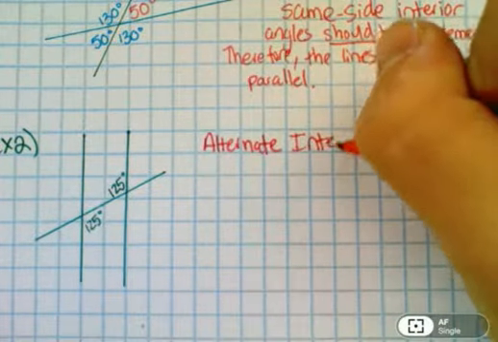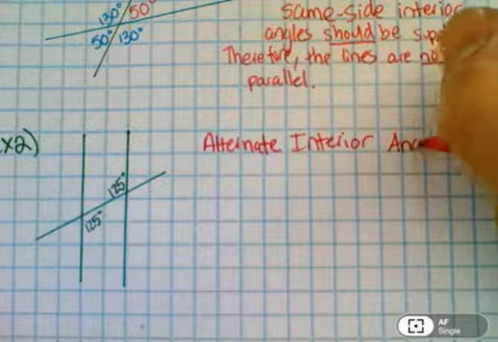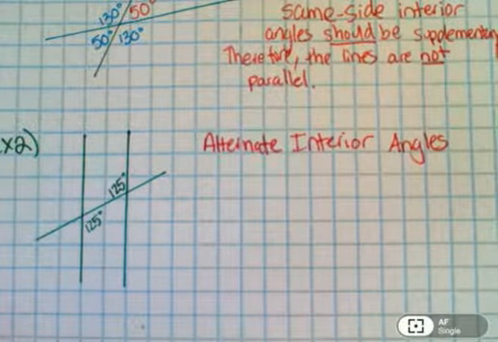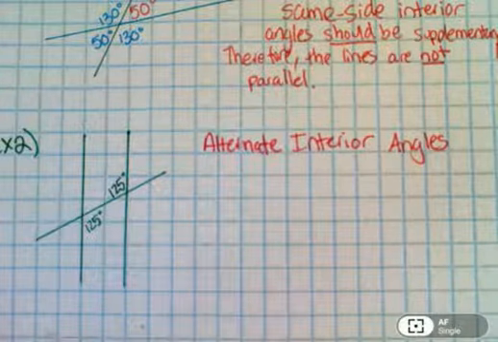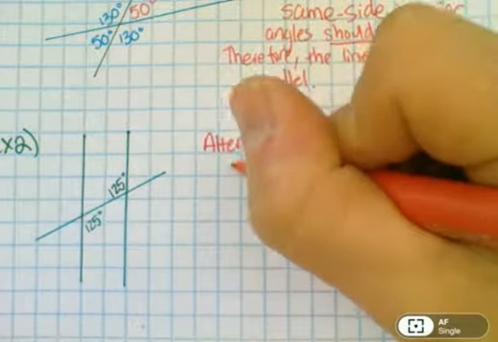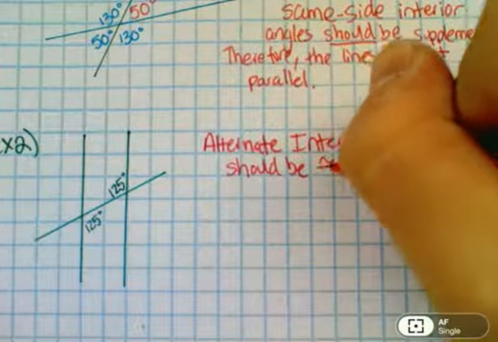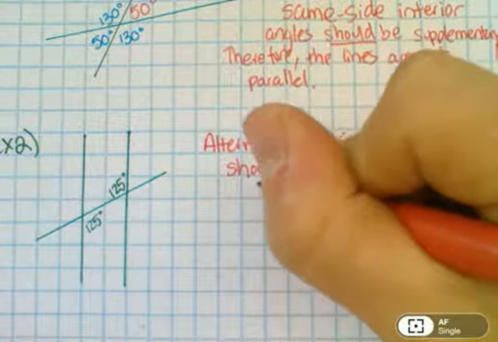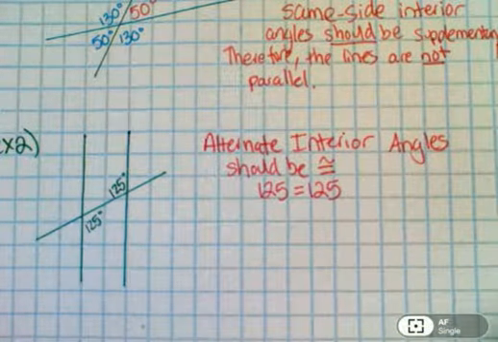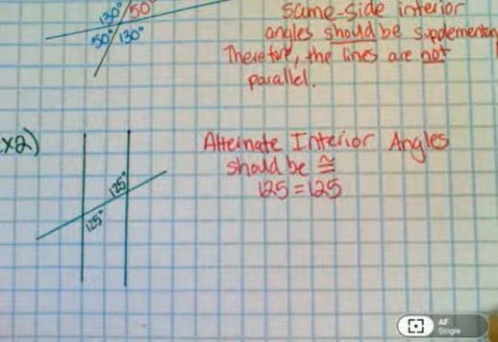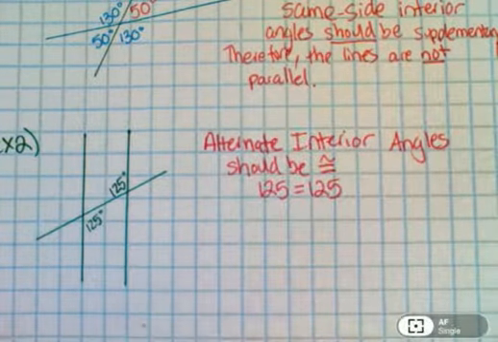Interior because they're on the interior of the lines. They're alternate interior angles. And if the lines are parallel, then those angles are congruent. So they should be congruent. And in this case, they are, because 125 equals 125. And by the converse of the alternate interior angles theorem, that means that these two lines are parallel.